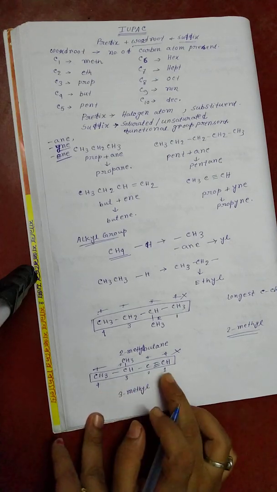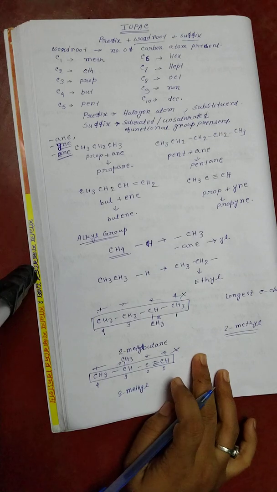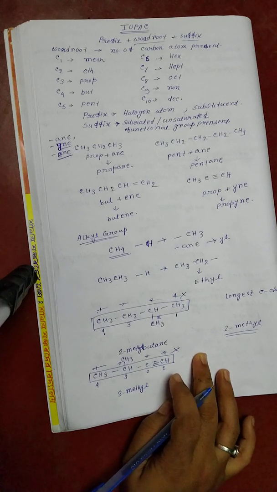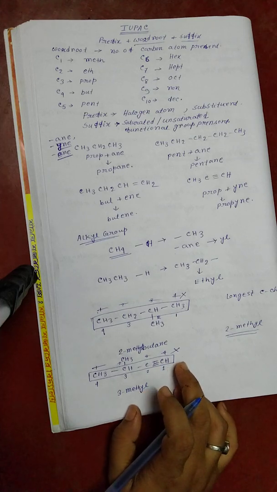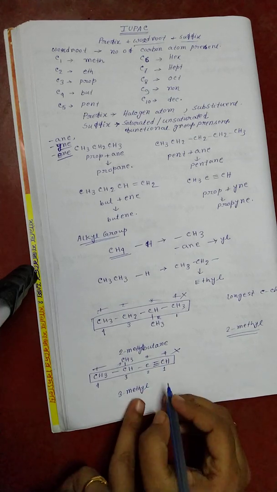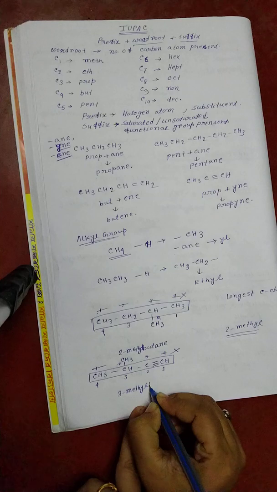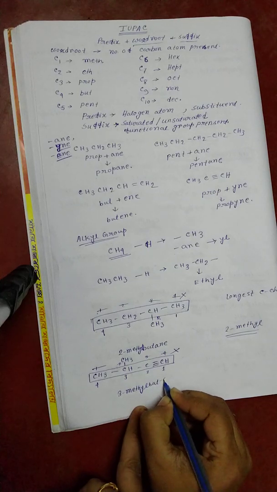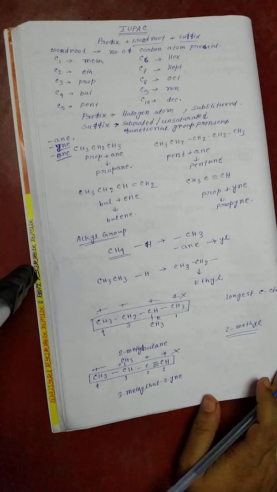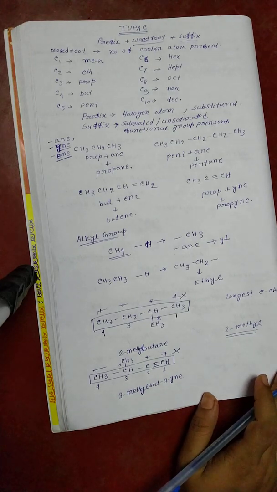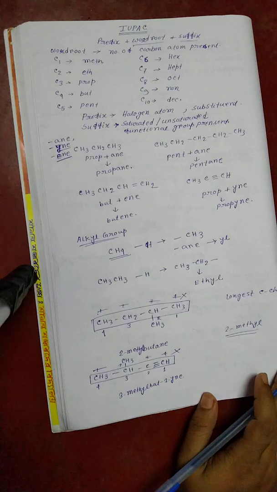We can see that 4 carbon atoms are present, so this is but, and with the triple bond at position 1, it is yne. So this is 3-methylbut-1-yne. We can also write it as 3-methylbutane or 3-methylbut-1-yne.